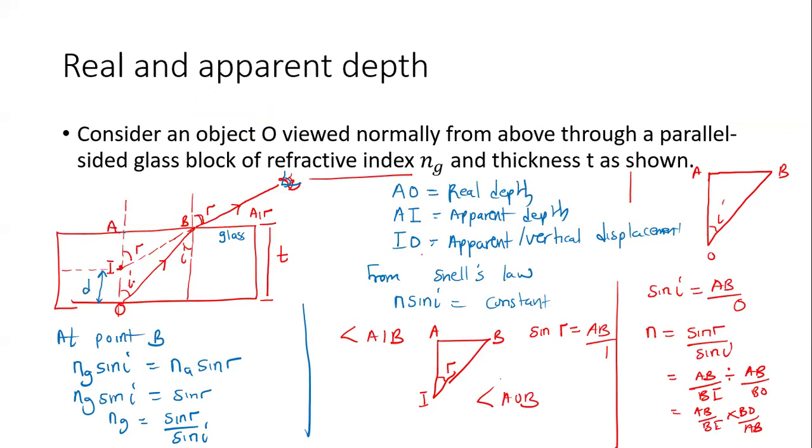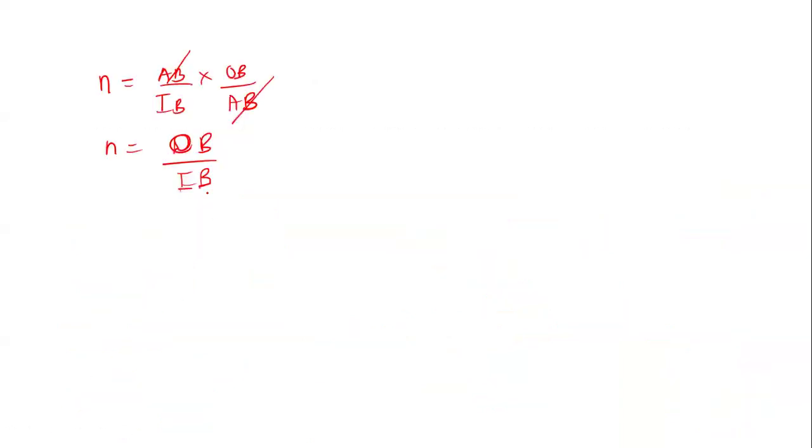That OB is approximately equal to OA, and IB is approximately equal to AI. Hope that is okay.